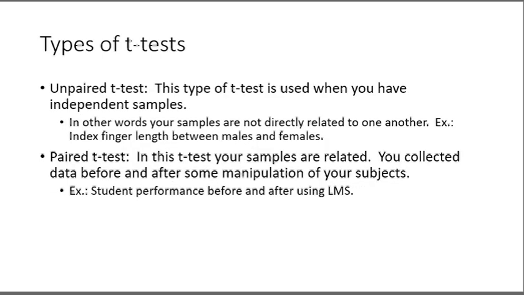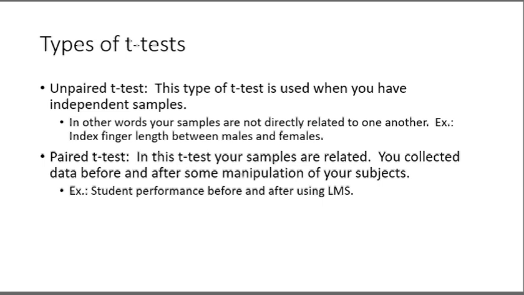In the t-test, there are two types: the unpaired t-test and the paired t-test. The unpaired t-test is a type of t-test used when you have independent samples; in other words, your samples are not directly related to one another.